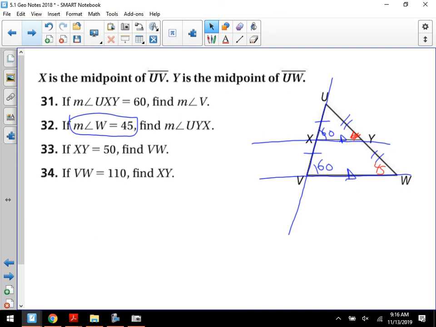What kind of triangle is it? Okay, but if the base angle is 60, that means what are all the angles? Okay, there you go.